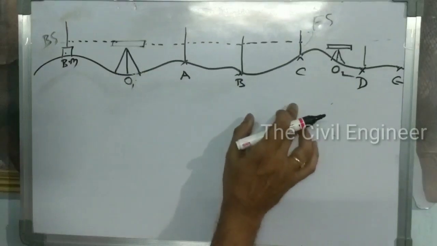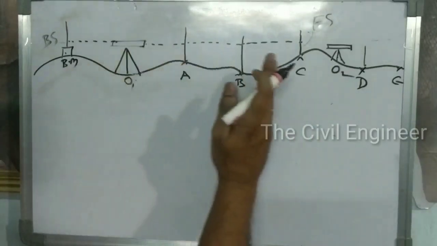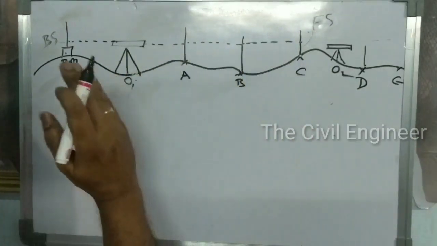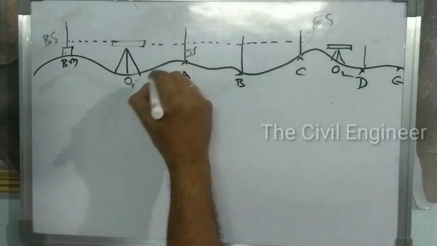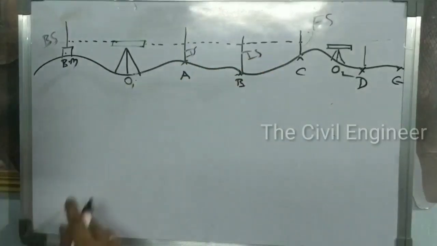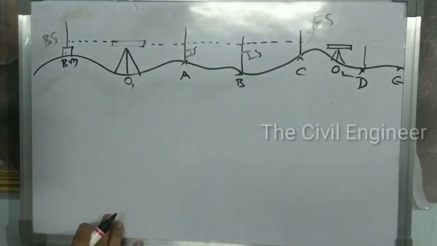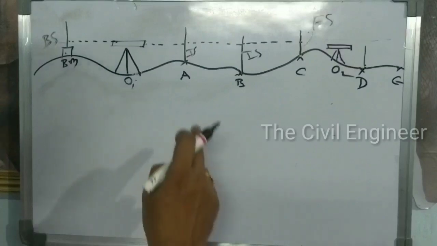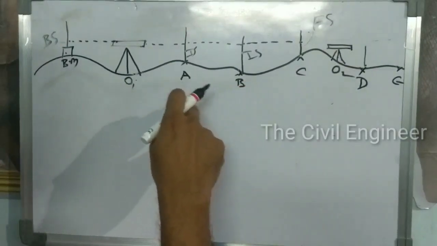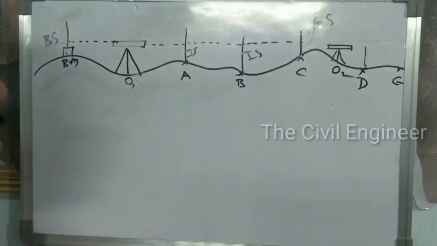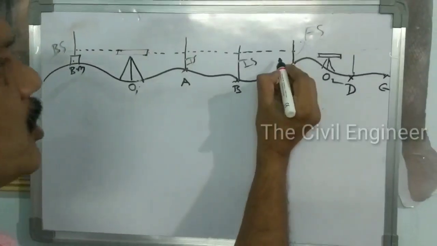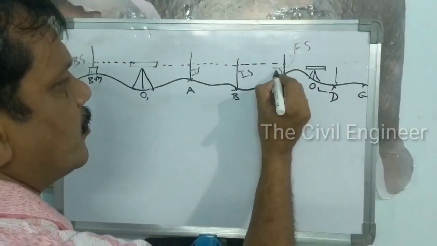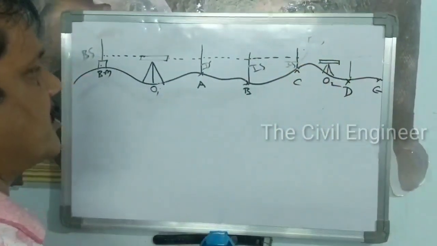The remaining sights which were taken in between the backsight and foresight are termed as intermediate sights. So out of these 4 staff readings, the first is a backsight, the last is foresight, and the remaining 2 staff readings are treated as intermediate sights.